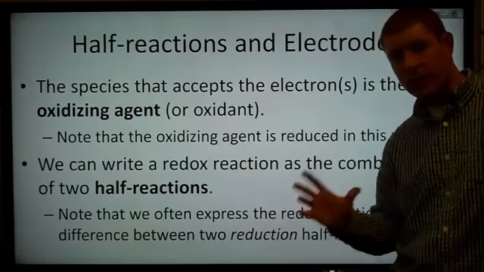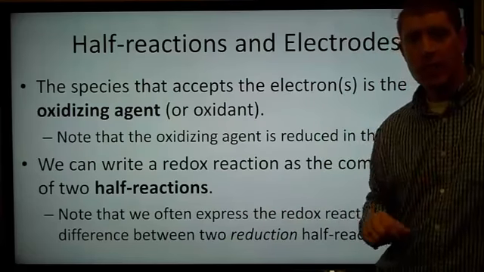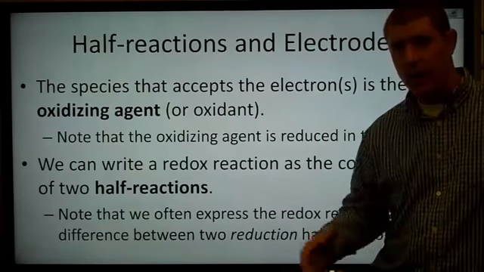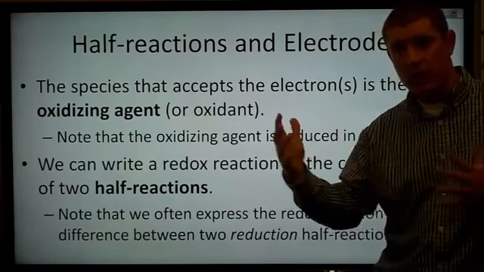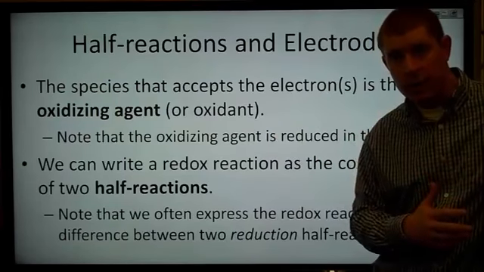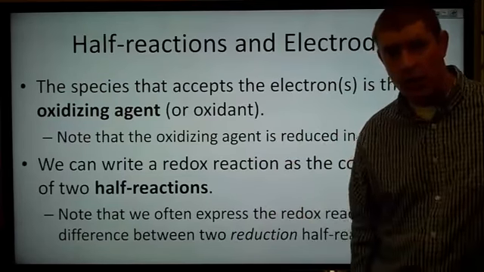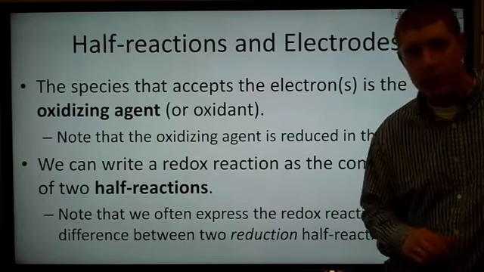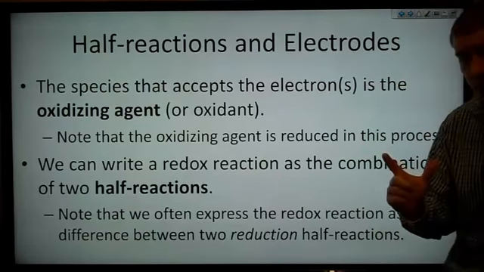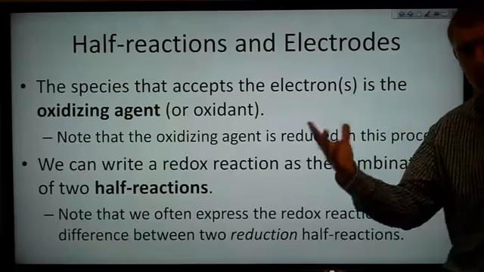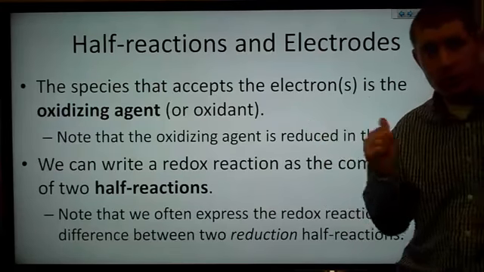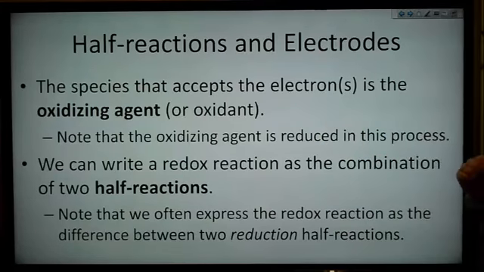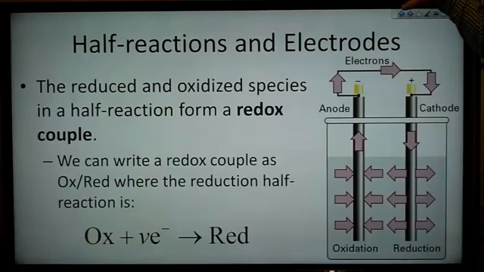Note that a reduction reaction is simply the opposite of an oxidation reaction. If we have some oxidation reaction and we flip it around, well, instead of removing electrons in the oxidation process, now we're adding electrons for our reduction process. So we just flip the electrochemical reaction around to go from the oxidation to the reduction, or reduction to oxidation. And now we're flipping the voltage difference that we have there.